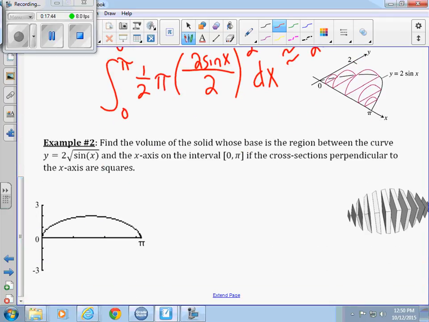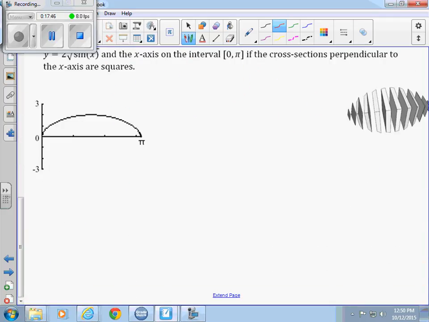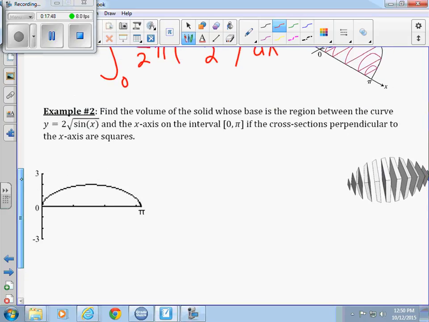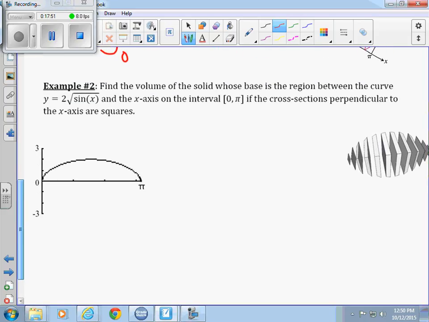Okay, what's the next one? So you try to set this one up. We're going to integrate the area function.